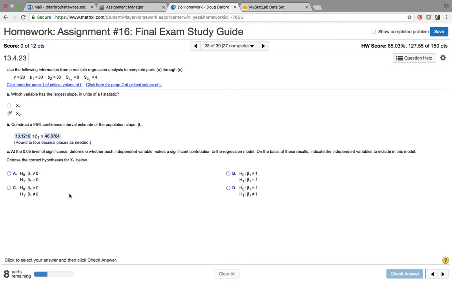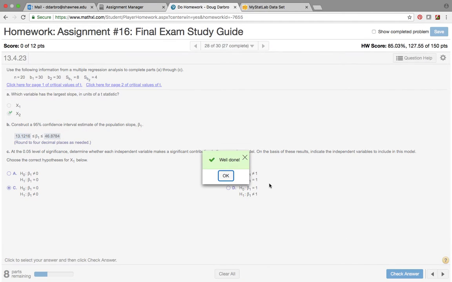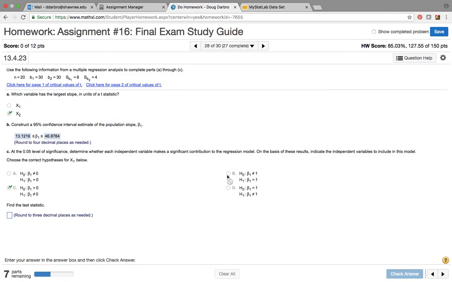So for x1, we would have that H sub 0: beta 1 is equal to 0, and beta 1 is not equal to 0. Find the test statistic. Well, guys, the test statistic is just going to be 30 divided by 8. So 3.75.